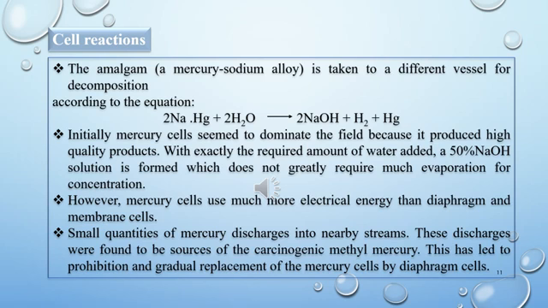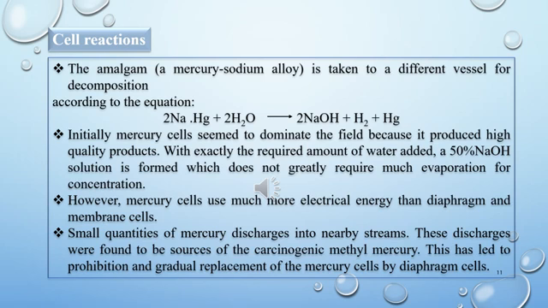Here he said that as sodium and mercury will be decomposed, sodium is separated now, mercury is separated now, that sodium will react with the hydroxyl of water and form sodium hydroxide, along with hydrogen and mercury which was separated earlier.